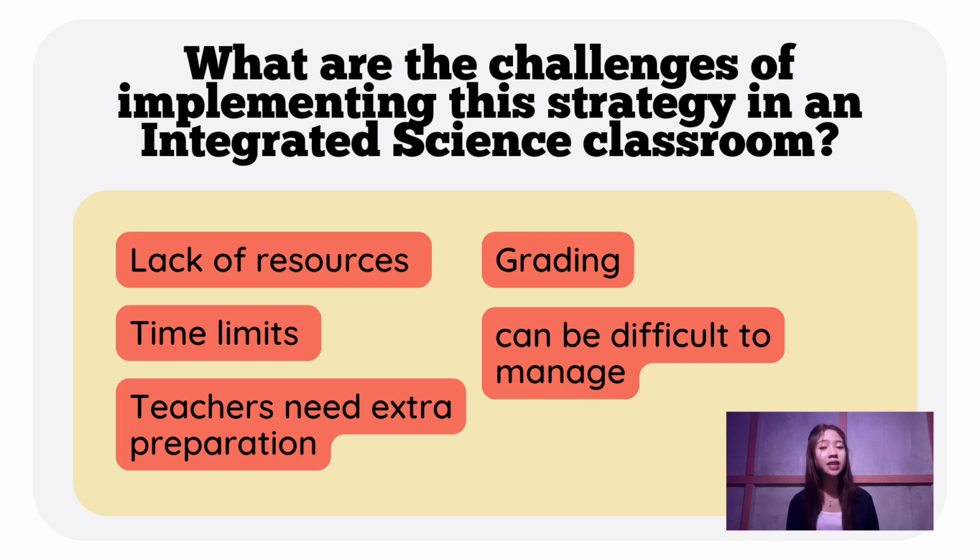Teachers need extra preparation time to design engaging lessons, and some students may struggle with solving open-ended problems instead of memorizing facts. Grading can be tricky too, as real-world projects take longer to assess than regular tests. Also, combining different science subjects and arranging real-life experiences can be difficult to manage. However, with good planning and creativity, teachers can overcome these challenges and make science more exciting and relevant to the students.